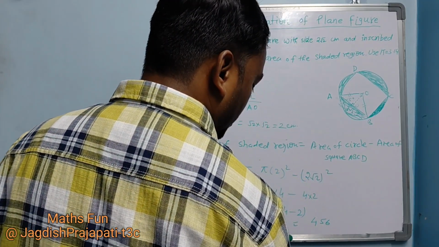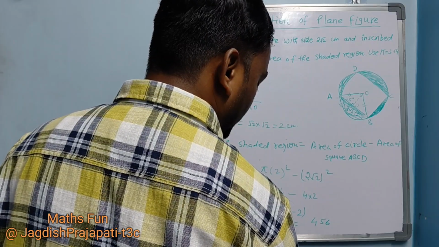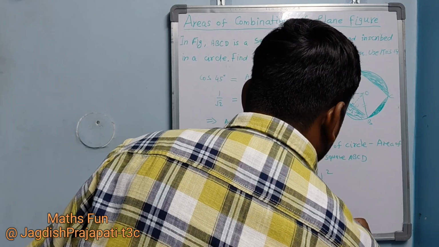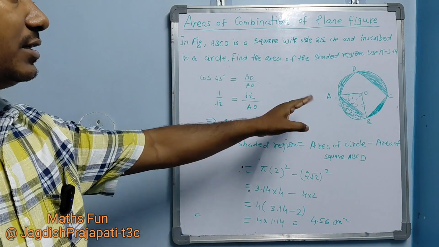Since decimal is after 2 places, so we will use this, and this will be the area of the shaded region.